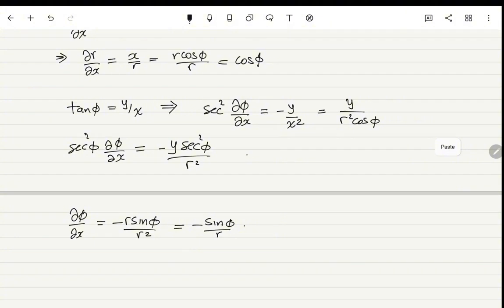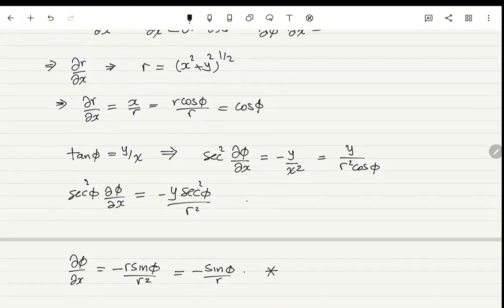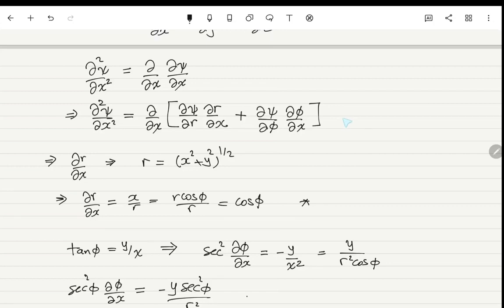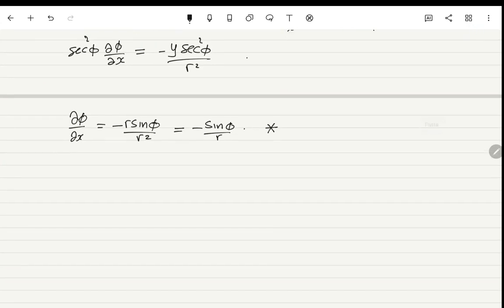Now let's substitute this equation and this equation in this one right here. You will get partial 2 psi partial x square equal to partial x, cosine phi partial psi partial r minus sine phi over r partial psi partial phi.